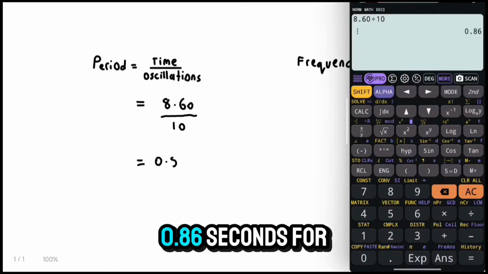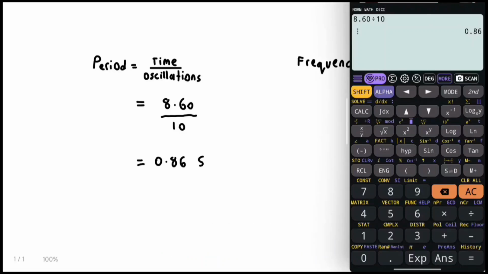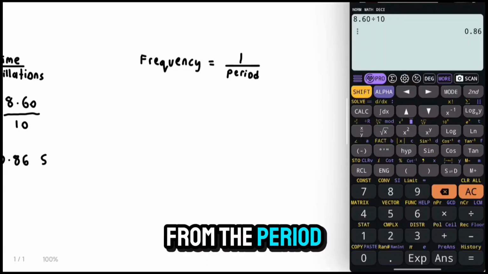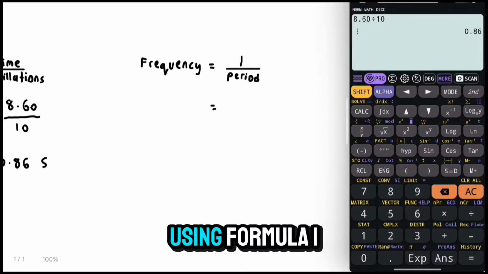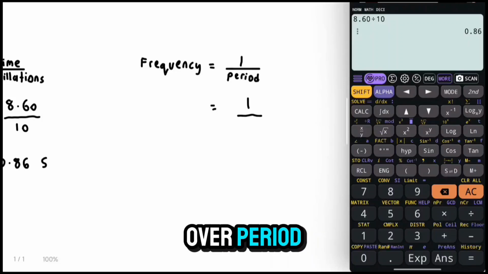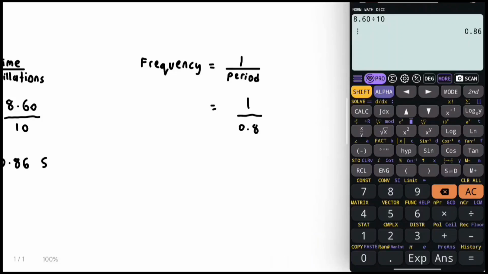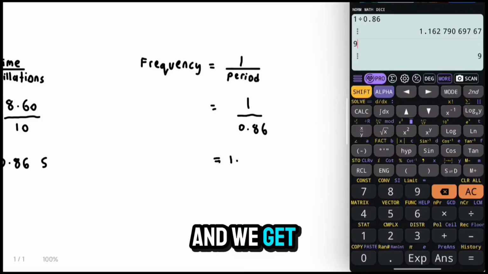Then we get 0.86 seconds for the period. From the period, we can also find the value of frequency by using the formula 1 over period. And we get 1.16 Hz for frequency.